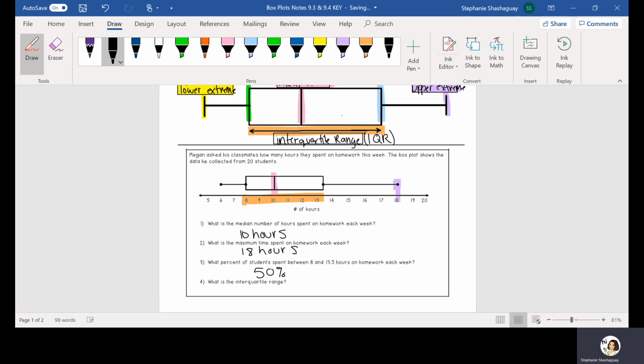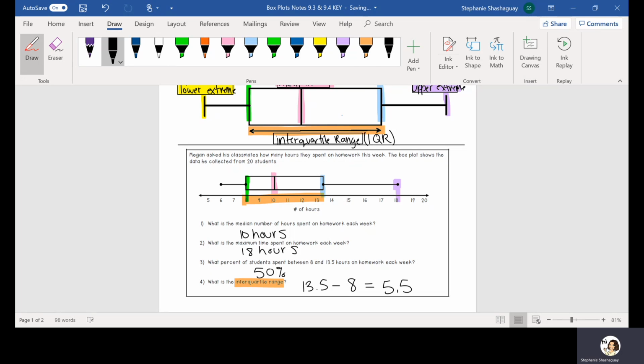Then it asked, what is the interquartile range? Well, to find our interquartile range, we have to subtract our Q1 away from our Q3. So that is going to be 13.5 minus 8, and that will equal 5.5.